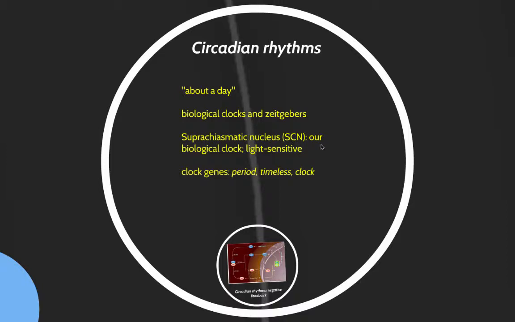It is our central biological clock and is light sensitive, allowing it to coordinate all the activities, physiological as well as behavioral, of our entire body and generate them according to about a day, which is based on light.